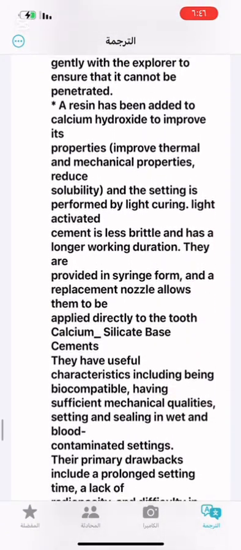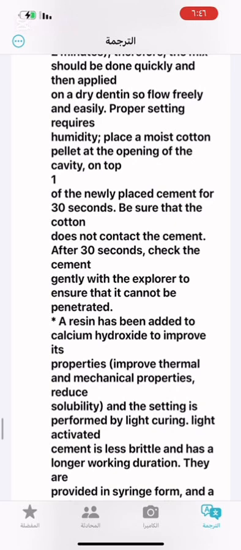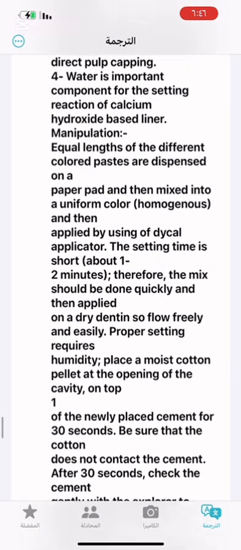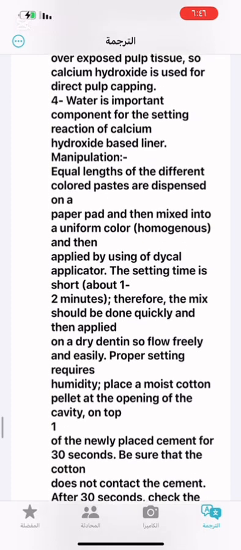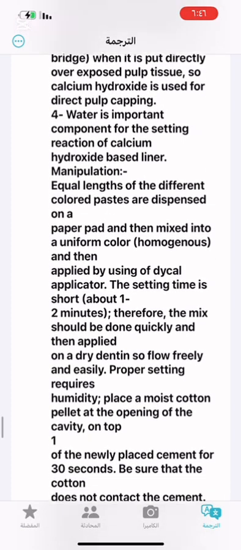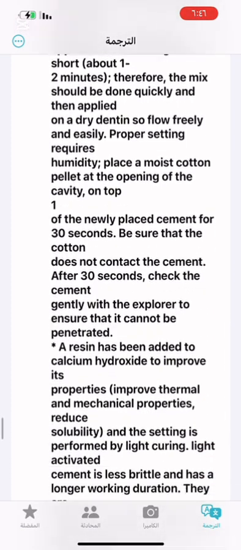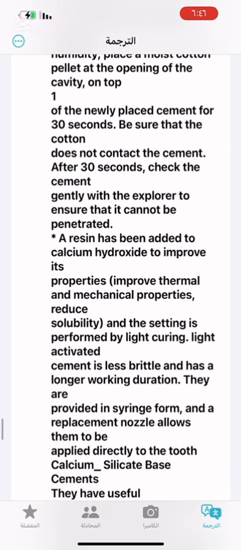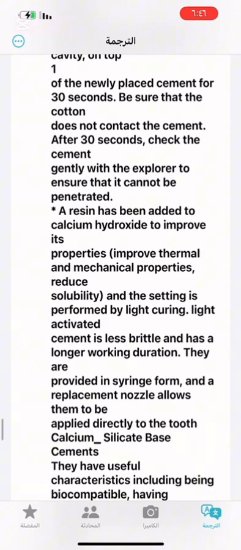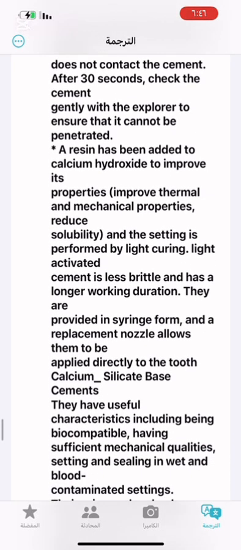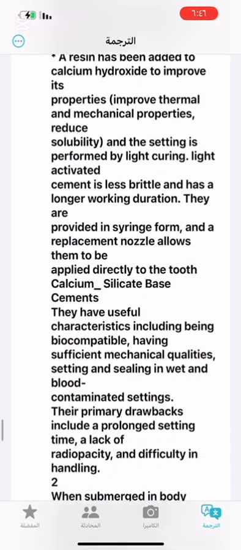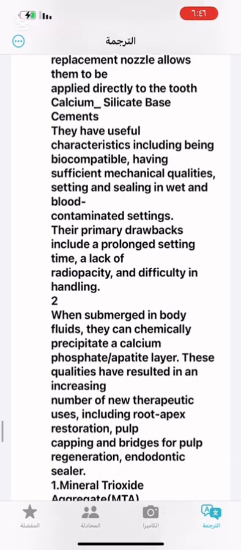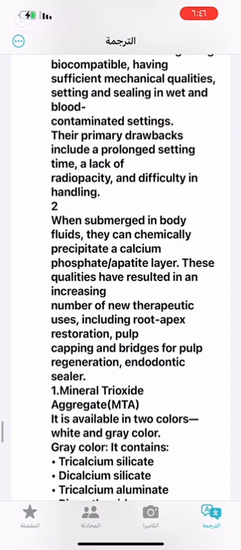1. Mineral trioxide aggregate, MTA. It is available in 2 colors, white and gray. Gray color contains tricalcium silicate, dicalcium silicate, tricalcium aluminate, bismuth oxide, calcium sulfate, and tetracalcium aluminoferrite.